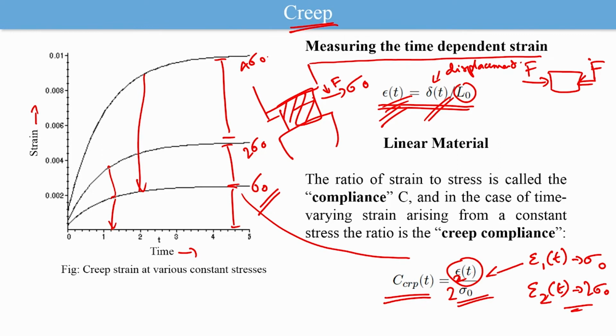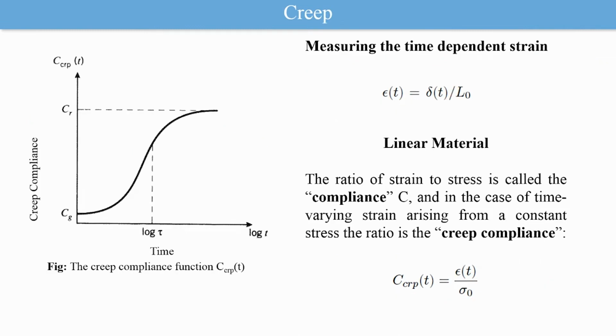Okay. So, that is the basic understanding. Now, we can also take the plot of this creep compliance against the logarithm of time. You can see the variation from the glassy state to the rubbery state of the material as we change over the period of time.